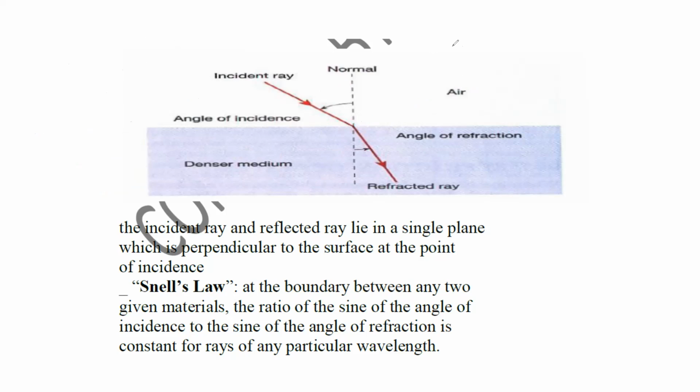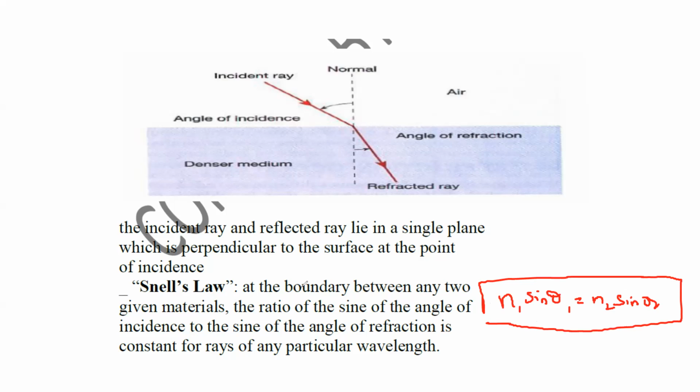For example, light might travel from glass to water, so in that case the refractive index is not 1. So you have to use Snell's law, which shows the relation that n1 sine theta 1 is equal to n2 sine theta 2. Is it clear?